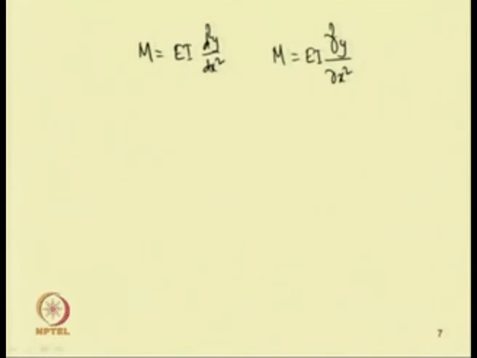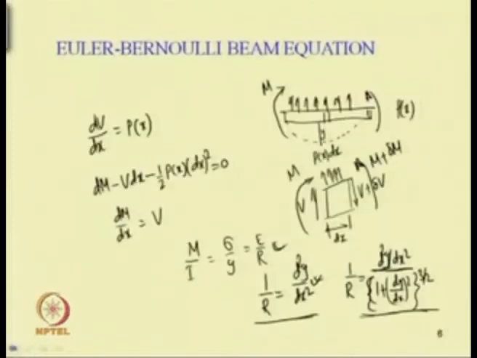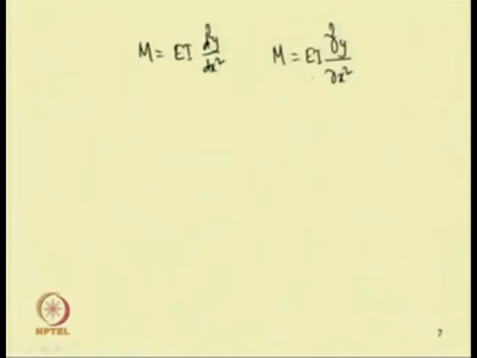Now, we already know dM by dx equal to V and dV by dx equal to Px. So differentiating M twice, one can get the rate of loading: del square by del x square of E I del square y by del x square equals Px.